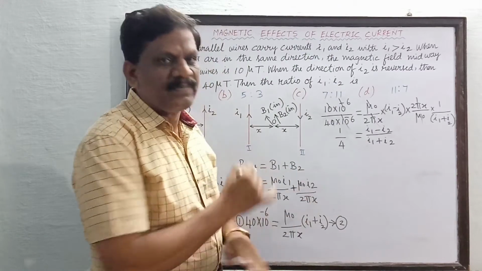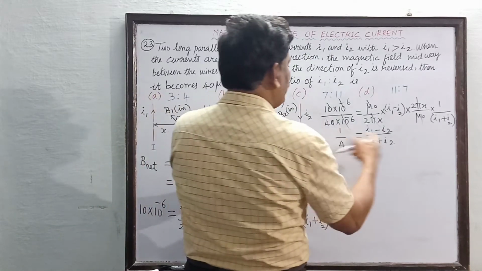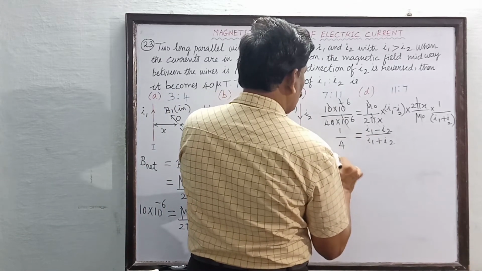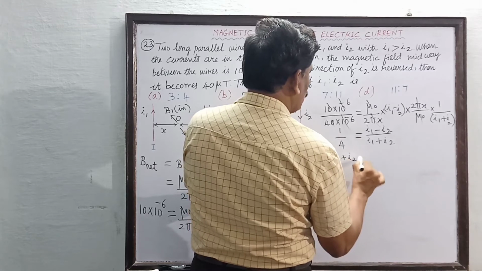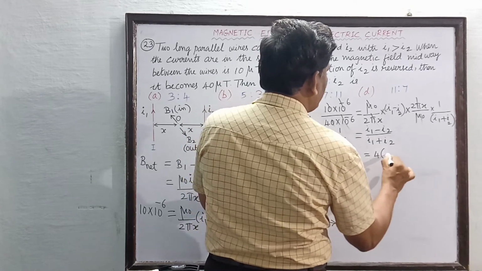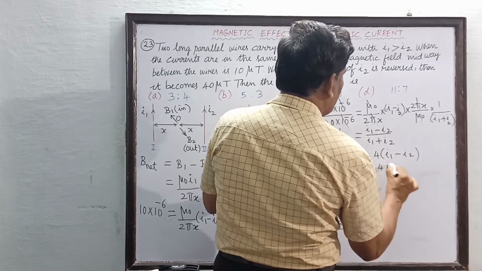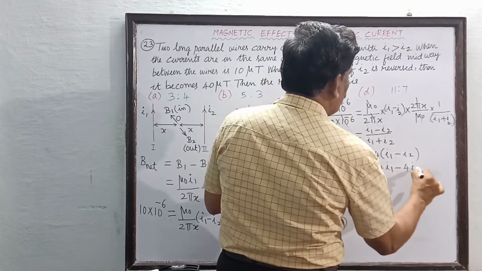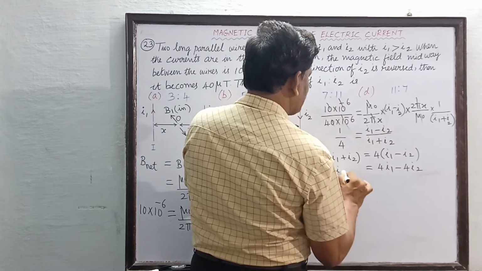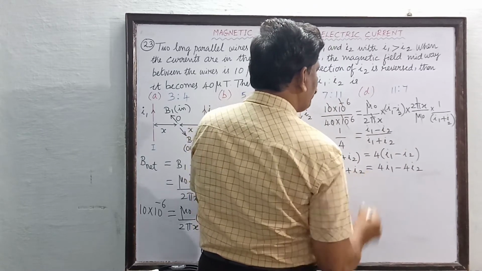Now I am going to cross multiply. So this will become 1 into I1 plus I2, which is equal to 4 into I1 minus I2. So this is 4I1 minus 4I2. Left hand side is I1 plus I2.